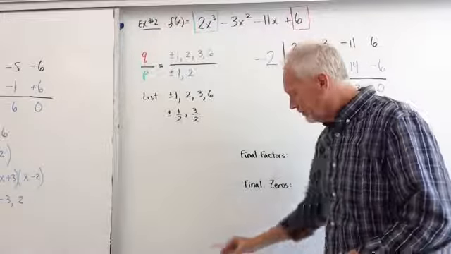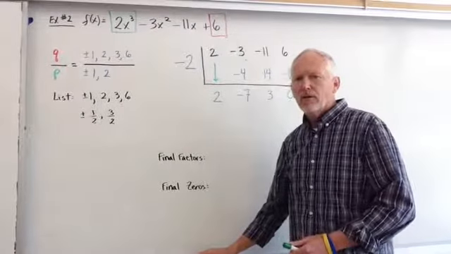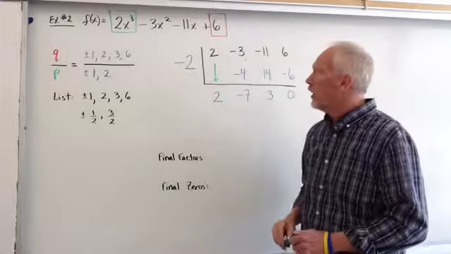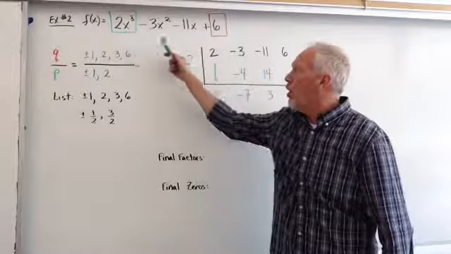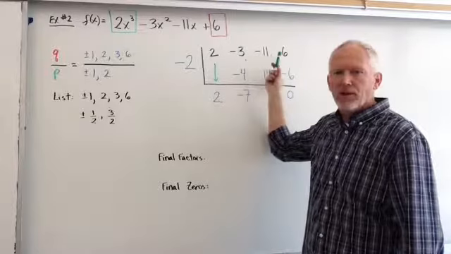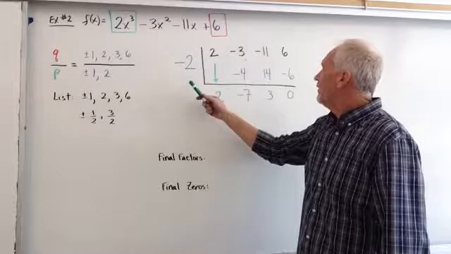So now what we're going to do is use the method of synthetic division. We list all the coefficients: 2, -3, -11, and 6. And what I chose to start with here was -2.